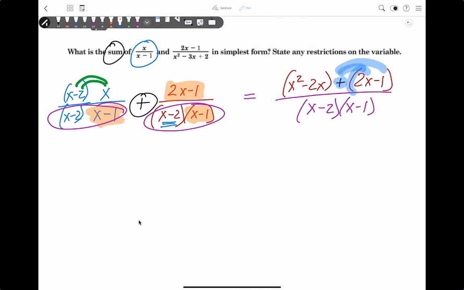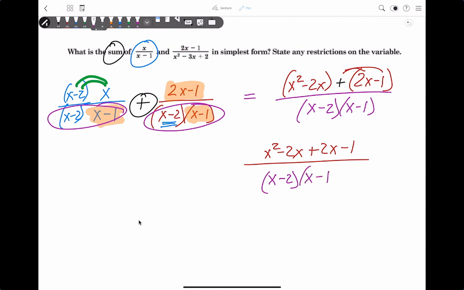So to get in good practice and good habit, that's why I'm showing it that way. Because this is addition, nothing's going to change. The top will become x squared minus 2x plus 2x minus 1. And the bottom, I am not ever going to distribute this until I'm ready for my final answer. Don't distribute your denominator until you're ready for your final answer. And you'll see what that looks like here in just a bit.